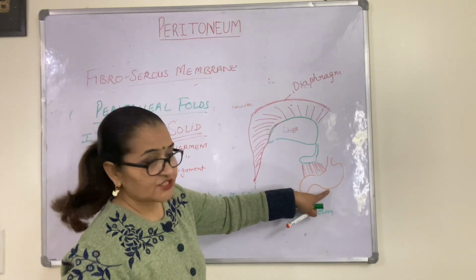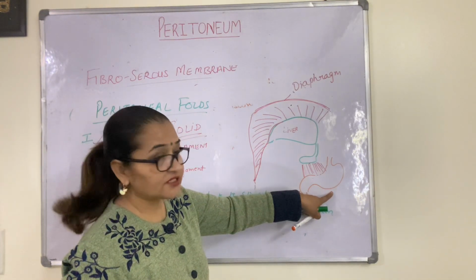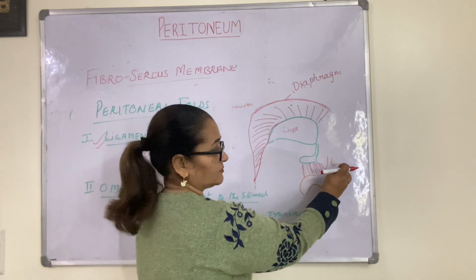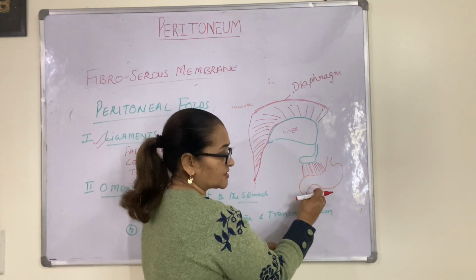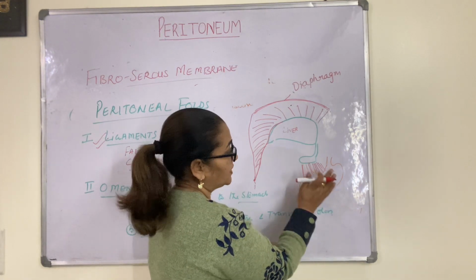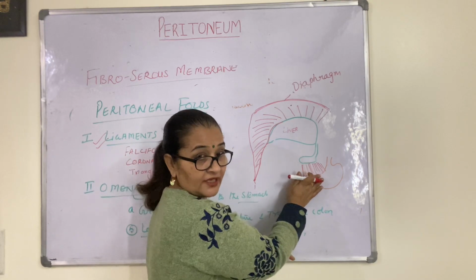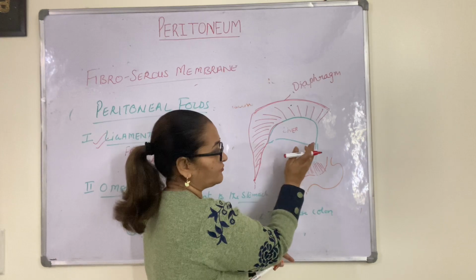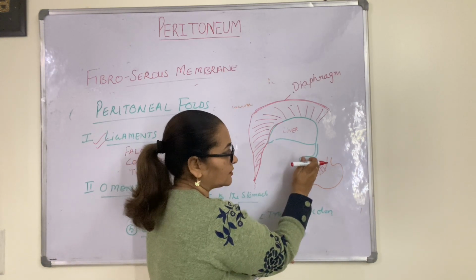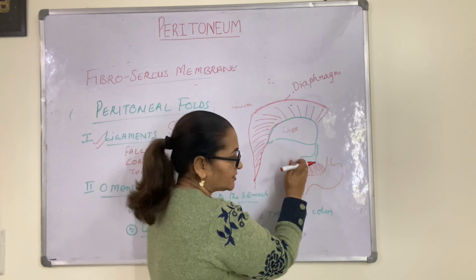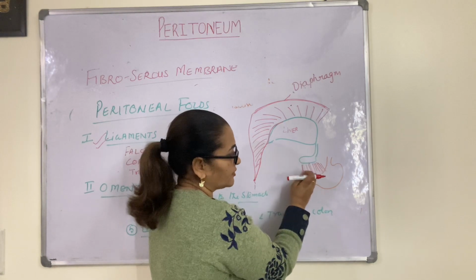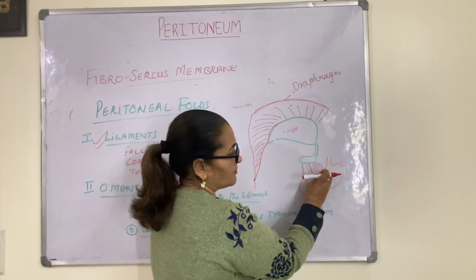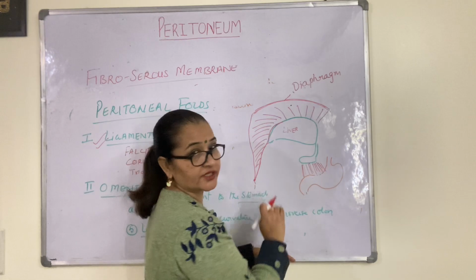So the greater omentum attaches the stomach to the transverse colon. The lesser omentum is just attaching the stomach to the liver through the ligamentum venosum and the ligament around the porta hepatis. That membrane extends between these two structures.